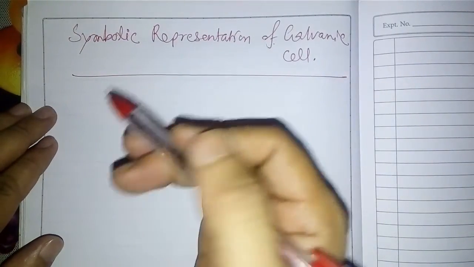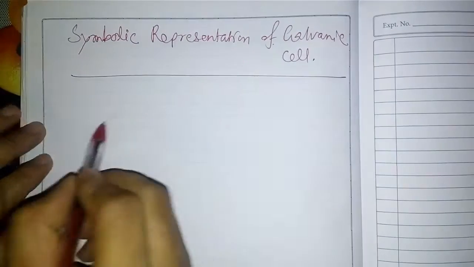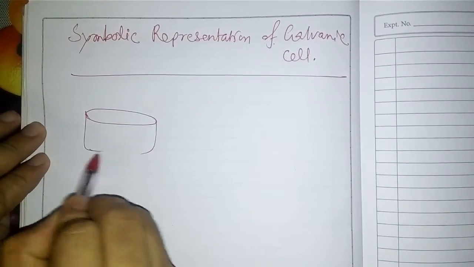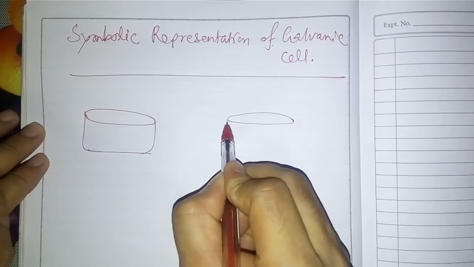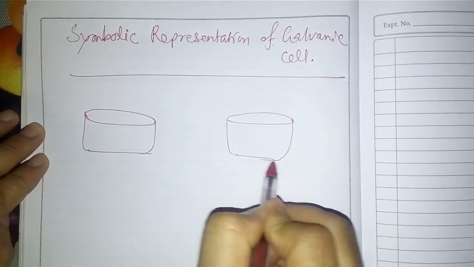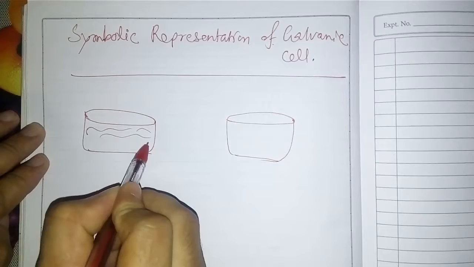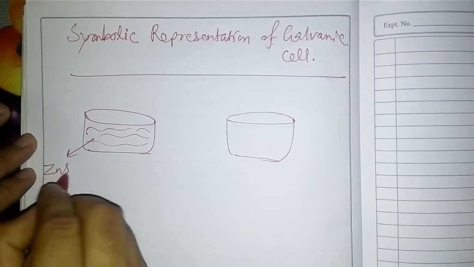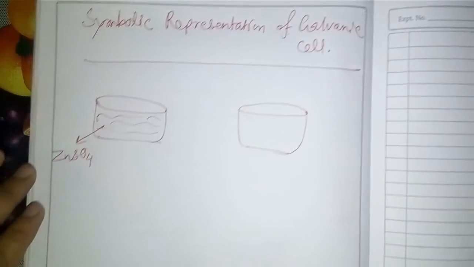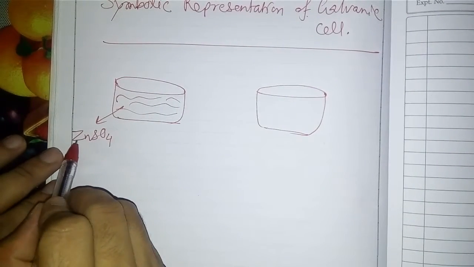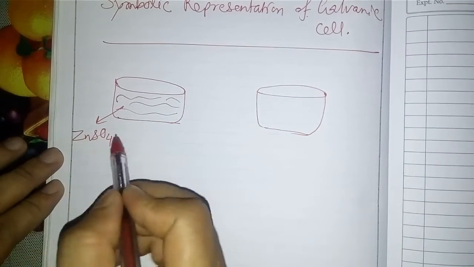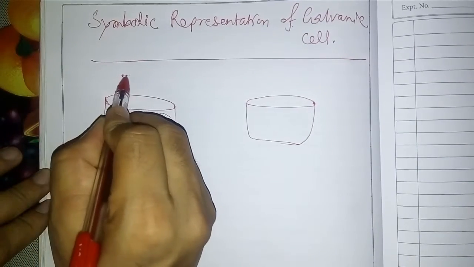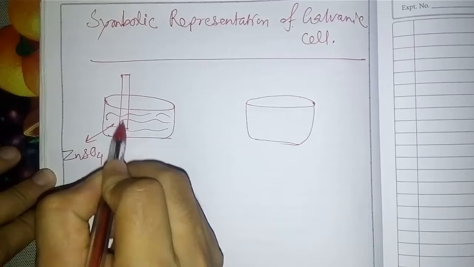One is the cathode, another one is the anode, like this. Here is one half cell, and this is another half cell. Here one solution is there, and this solution is aqueous ZnSO4, the electrolyte.